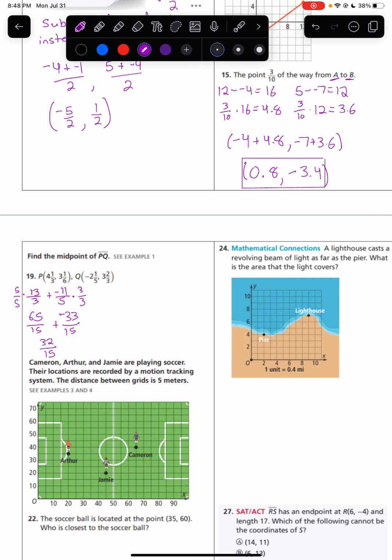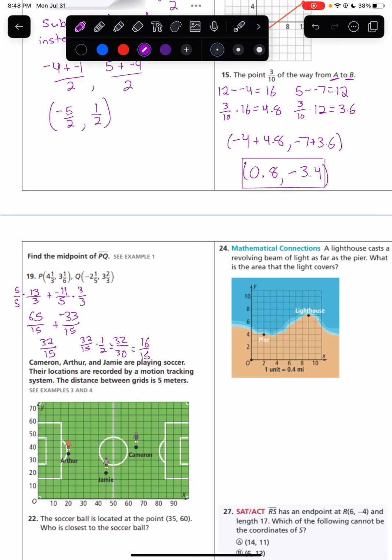That's what I got when I added together 4 1/3 and negative 2 1/5. Now I need to take that divided by 2. So 32 15ths divided by 2, or times 1/2, gives me 32 over 30, or 16 over 15.